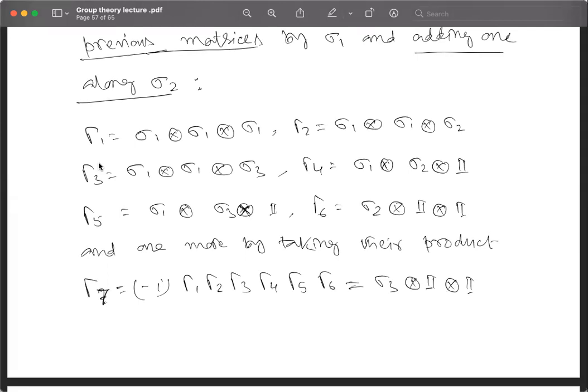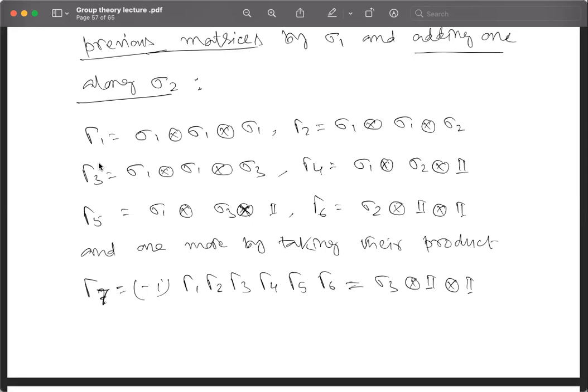And γ_5 is σ_1 ⊗ σ_3 ⊗ identity, and γ_6 is σ_2 ⊗ identity ⊗ identity. And one more, by taking their product, we can define γ_7, which is minus i times the product of all these, γ_1 to γ_6, and that is written as σ_3 ⊗ identity ⊗ identity.